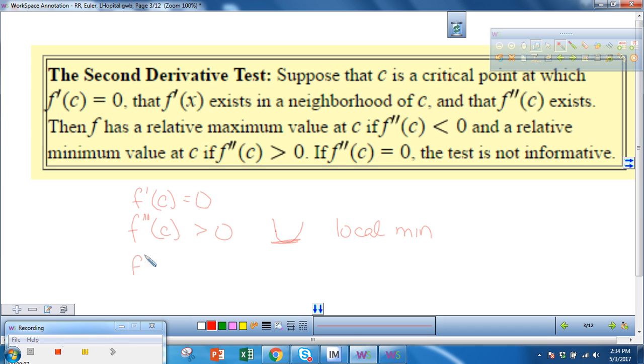If the second derivative at c is less than 0, then the function is concave down, which is going to produce a local max. If the second derivative is 0, the test is not informative, meaning we'd have to use another test, probably the first derivative test.